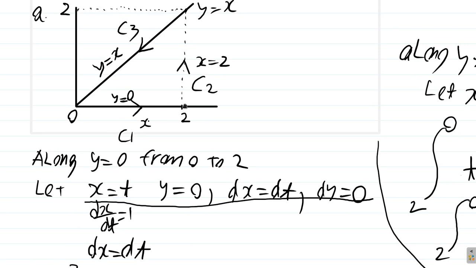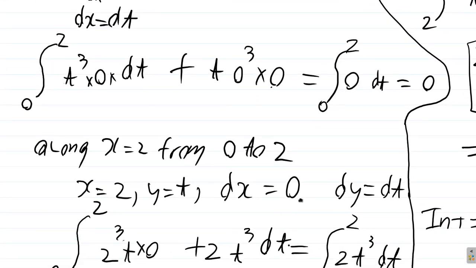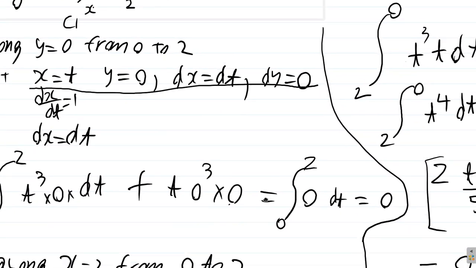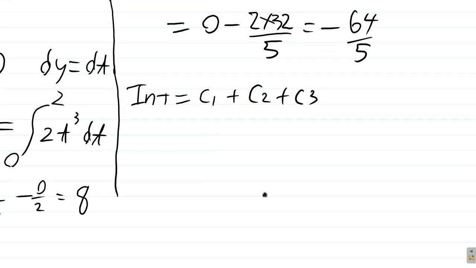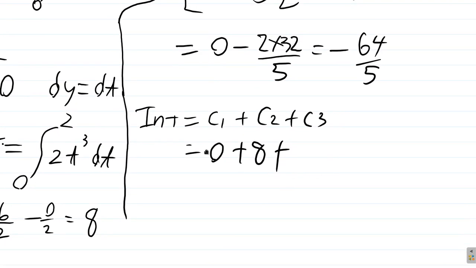C2 will be going from 0 to 2 along x equals 2. And C3 would be going from 2 to 0 along y equals x. Along the first one, what we got was 0. Along the second path it was 8. Then along the third path, it's negative 64 over 5.